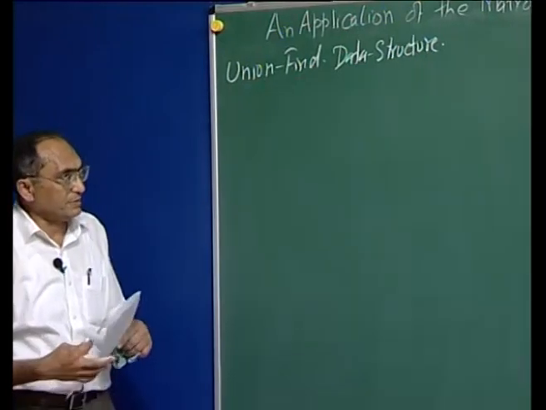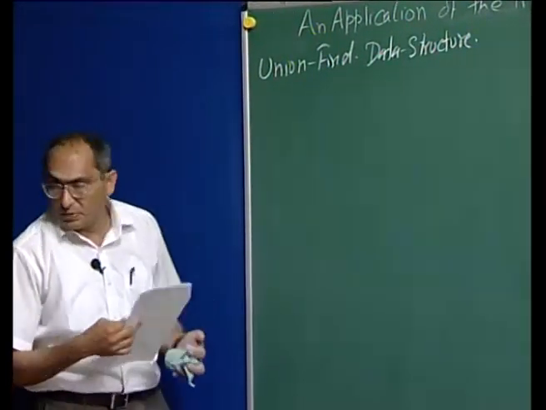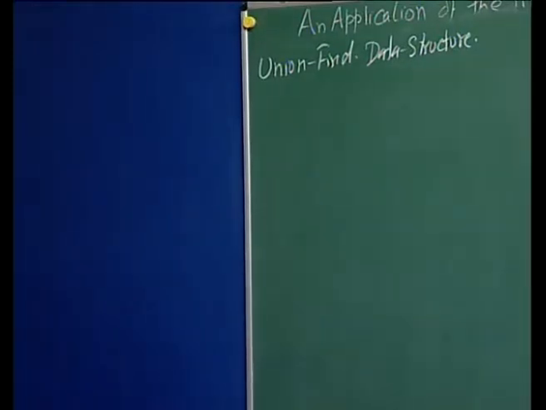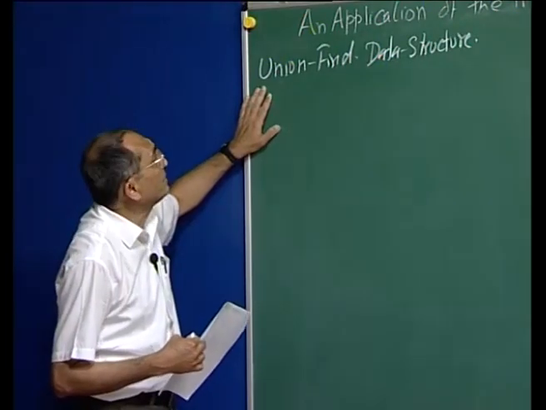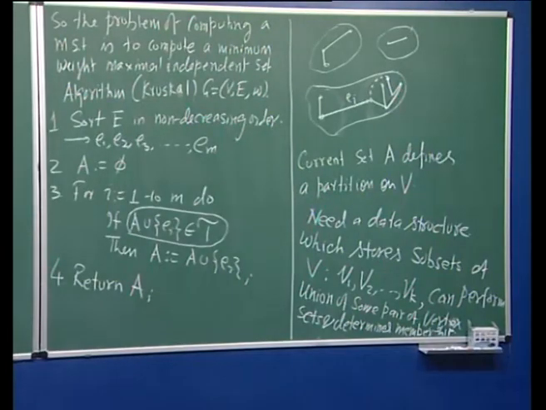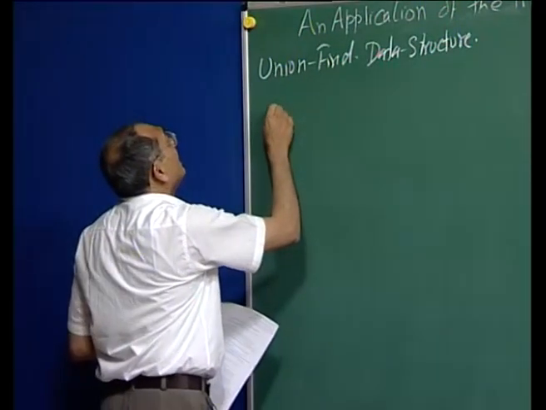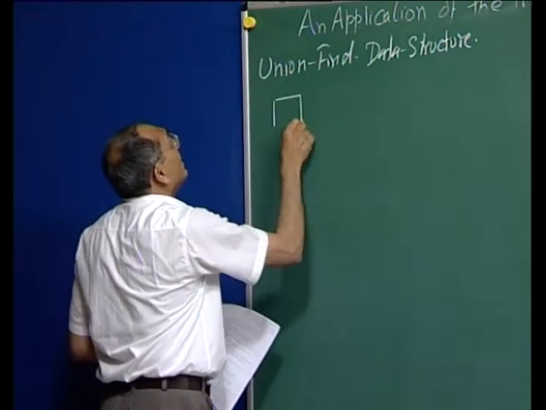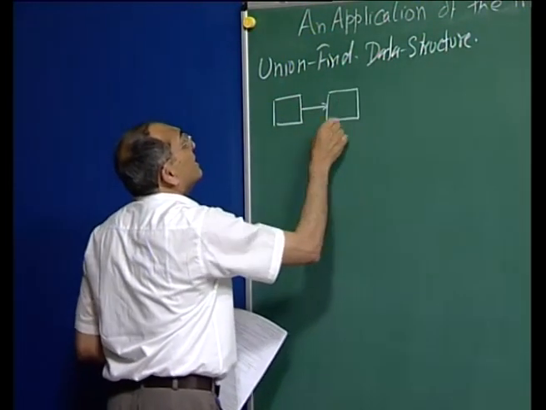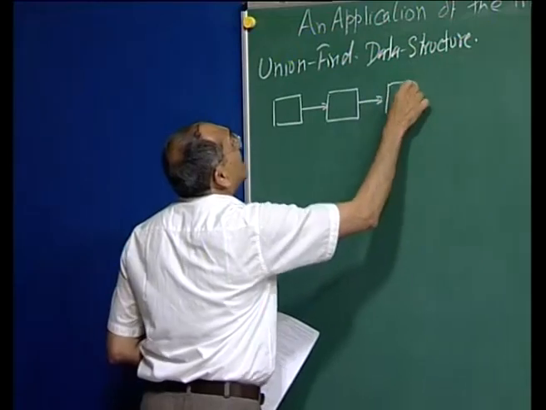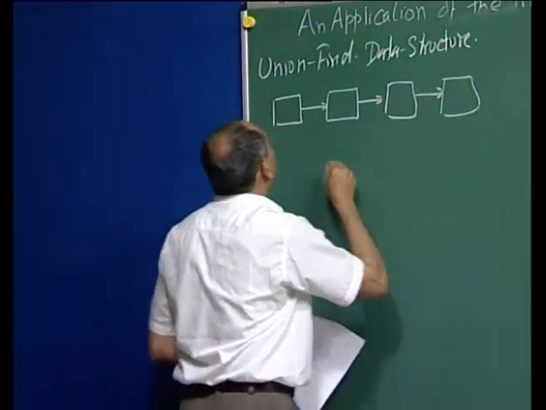So there are efficient data structures for this. I'll give you one example which is not as efficient as another well-known data structure, but it's easy to understand. So what we will do is, in this case, we will store each partition into a linked list.